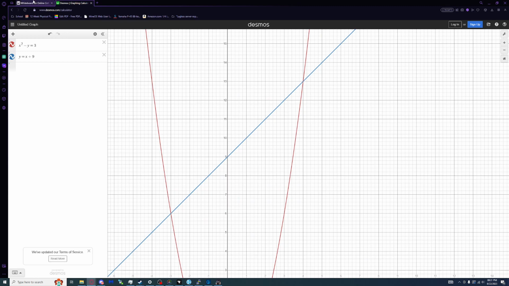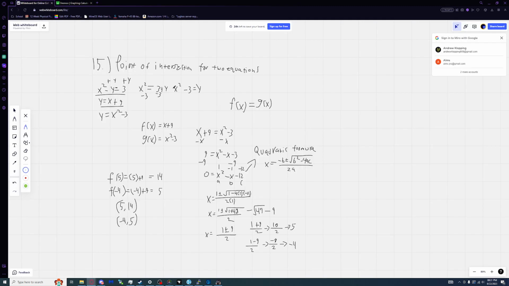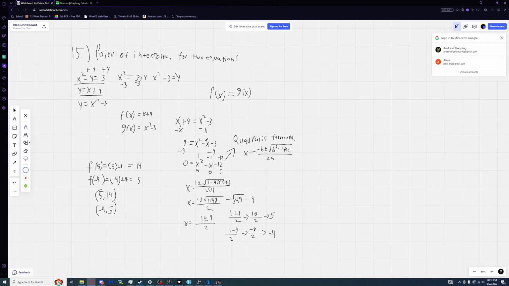Huh. y equals x squared minus 3. y equals x plus 9. x squared minus 3 is equal to x plus 9. Subtract x from both sides. Subtract 9.